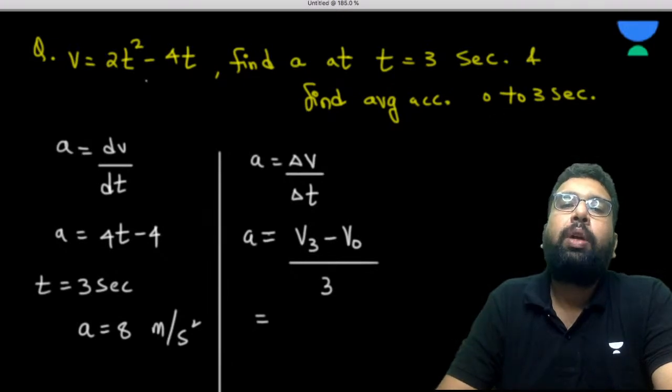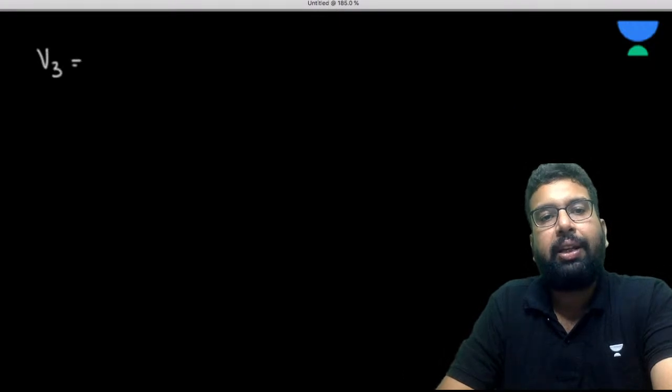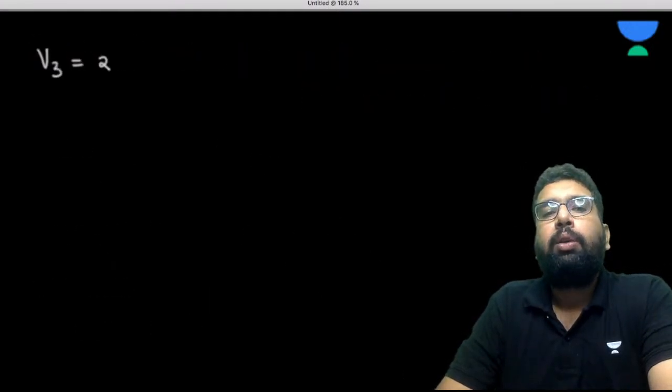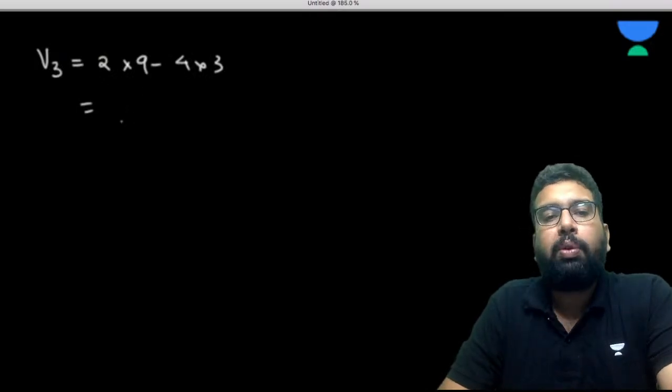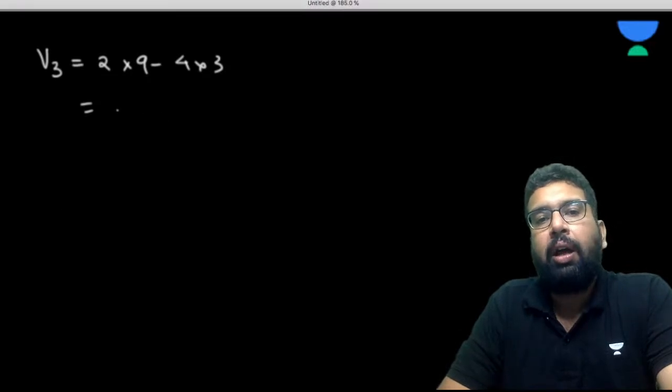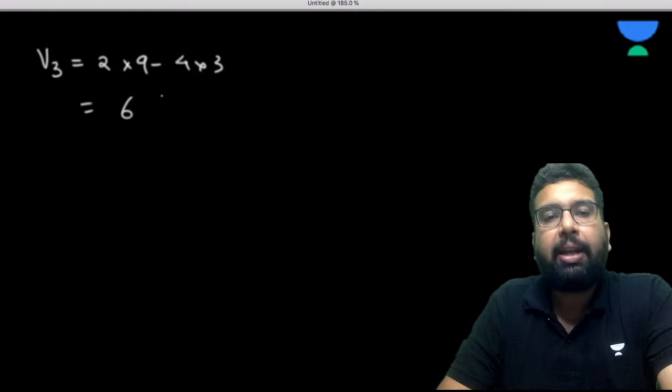So what is v3? This is the velocity at 3 seconds. So 2 into 3 square, 9, so 18, minus 4 into 3. That is 18 minus 12, sorry, my bad, that is 6.